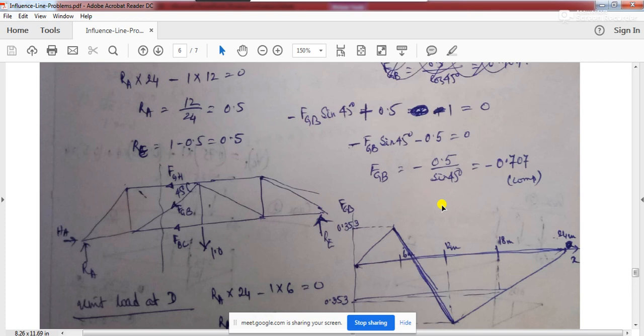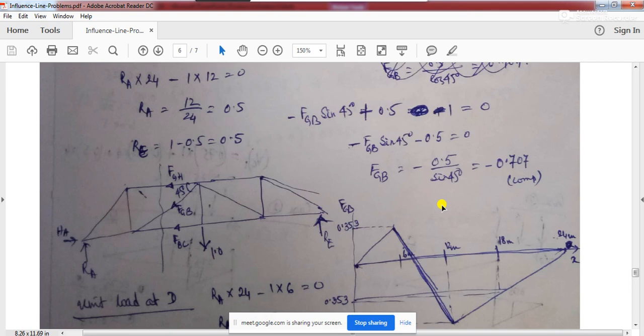When a series of concentrated loads move over a truss, instead of loads acting at any particular point as in the case of a beam bending moment or shear force influence line diagram, in the case of a truss member the loads must be going through the joints.